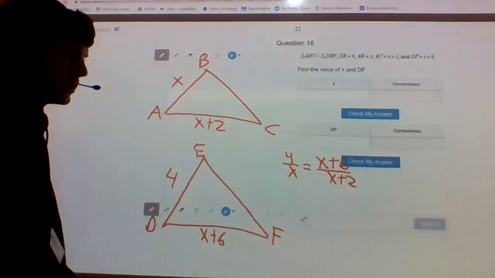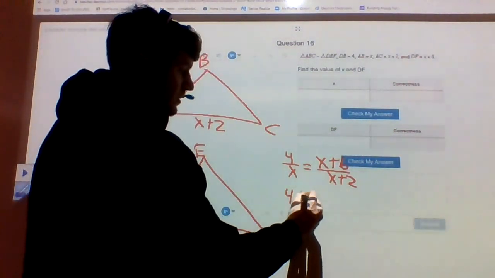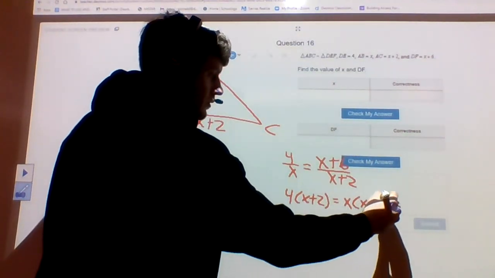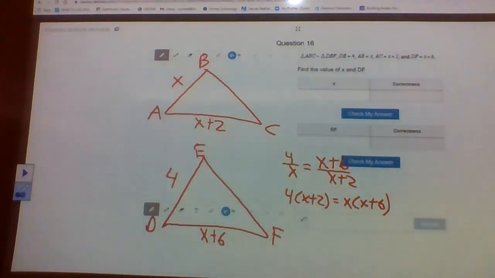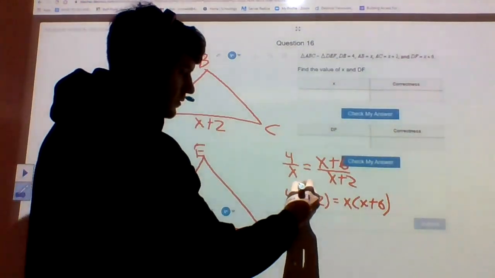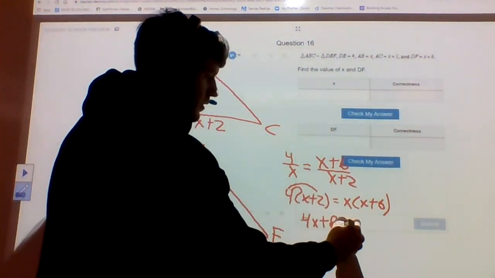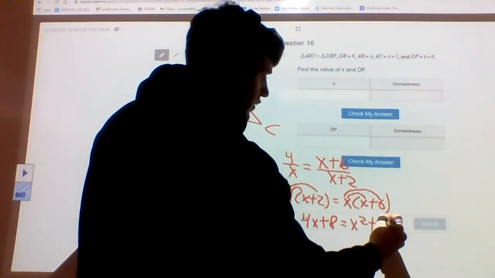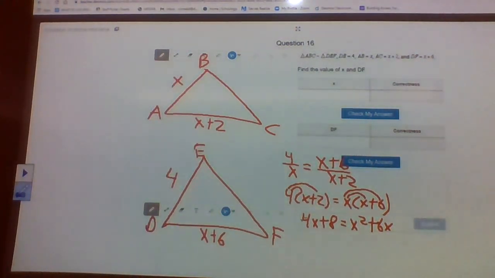To solve a proportion, we cross multiply. So we're going to have 4 times x plus 2 equals x times x plus 6. We need to distribute. So 4x plus 8 equals x squared plus 6x. Okay, we have an x squared, so we have a quadratic, so we want to move everything to the same side.